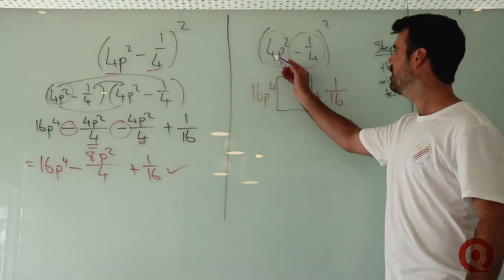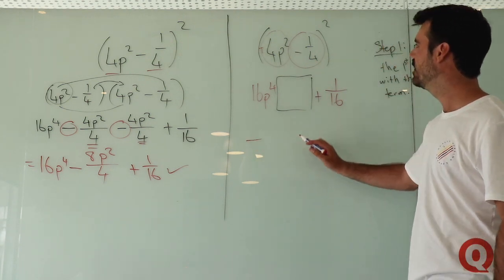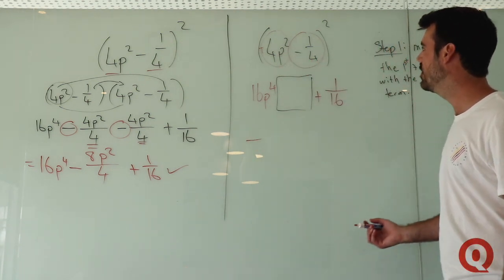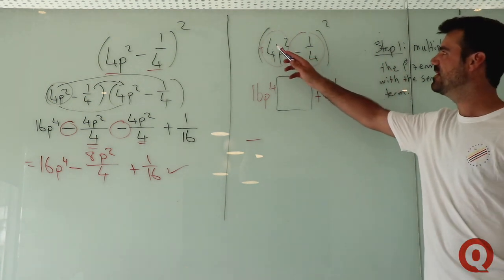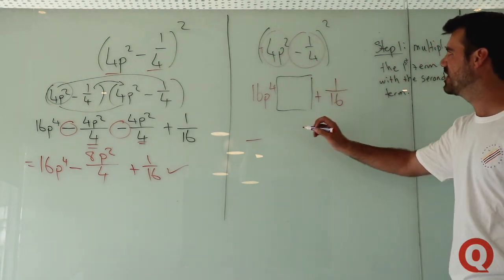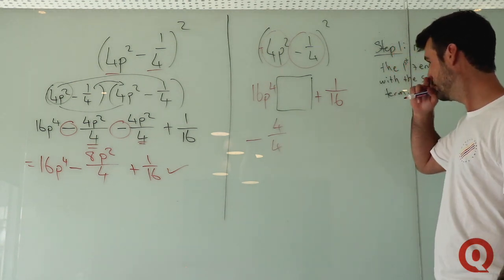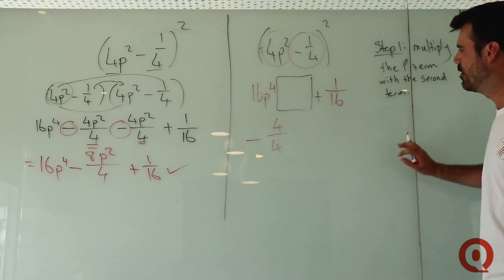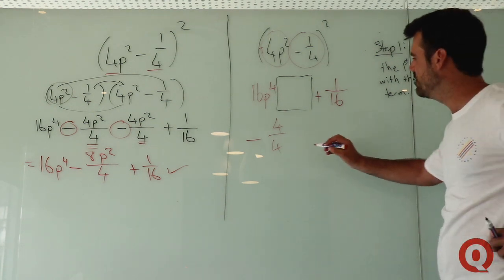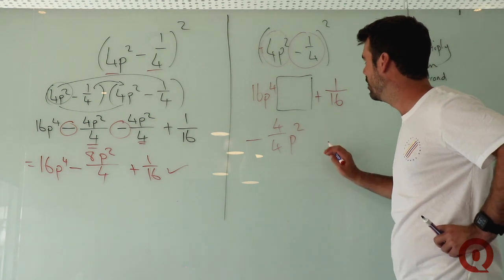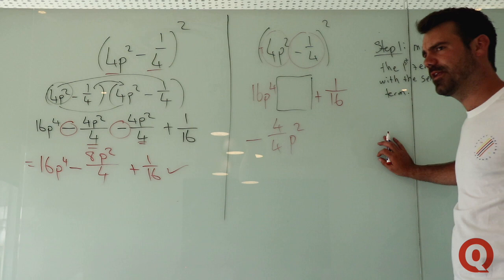Well, it's going to give me a positive times a negative, which gives me that negative. Now what is 4 times a quarter? Well, we learned that earlier. We said that if we have a whole number multiplied by a fraction, we simply say the whole number multiplied by the numerator, which gives me that 4 over 4. So, now, what happens to the p squared? Well, it simply tags along. So now I've got a negative 4 over 4 p squared.